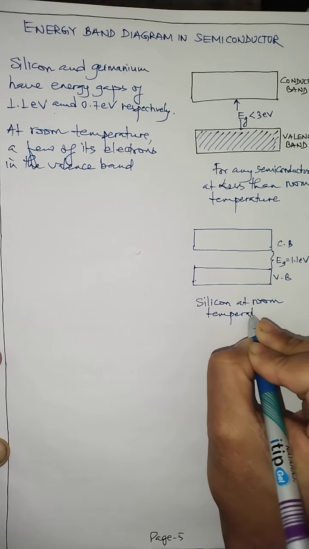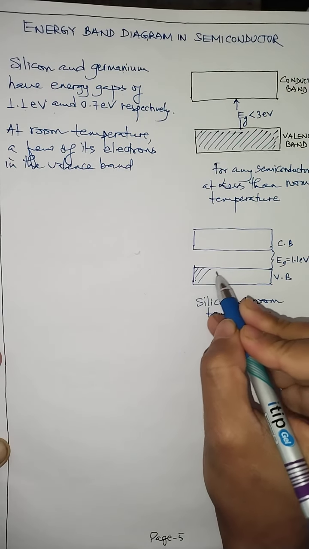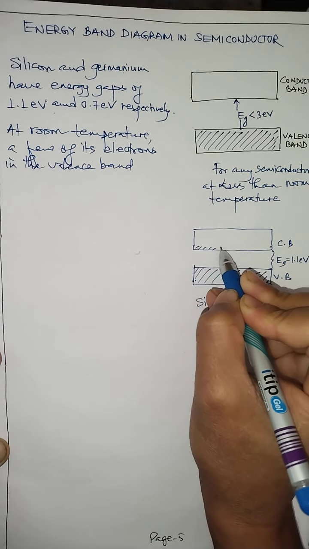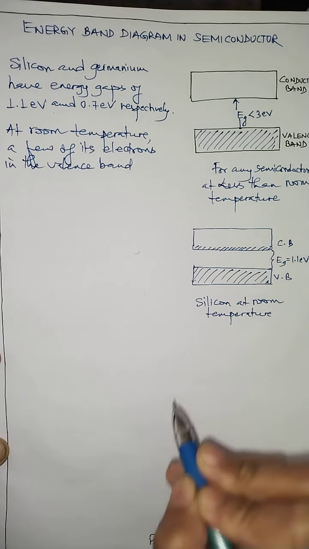So at room temperature, the valence band is nearly filled, but the conduction band will be partially filled. That means a few of the electrons can move from the valence band to the conduction band.